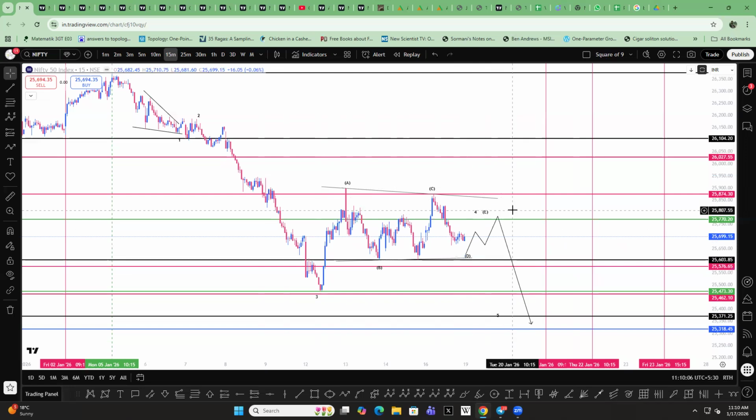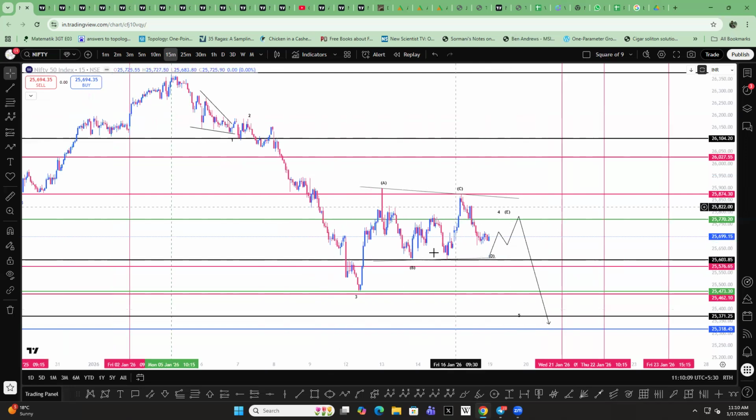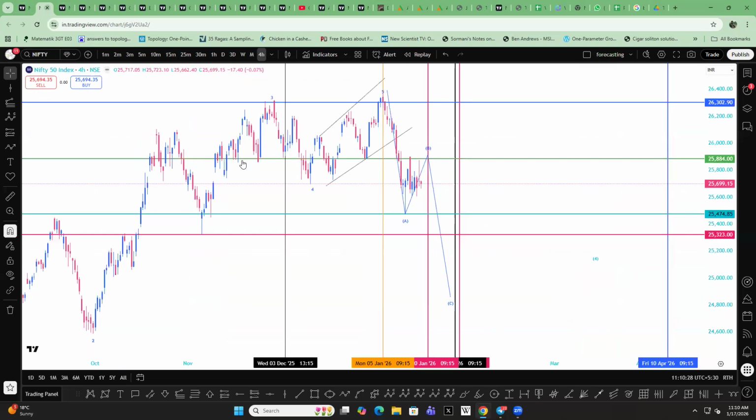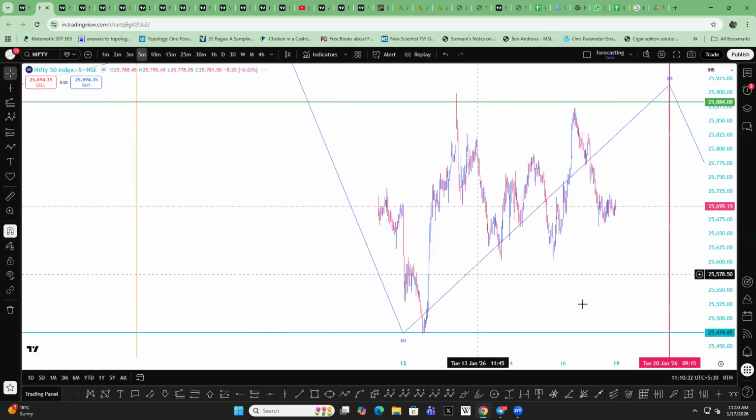And now, this triangle comes in wave B also. Okay, so in that case, we may have completed 1, 2, 3, 4, tiny bounce and 5 here already, which I am discussing in this area.